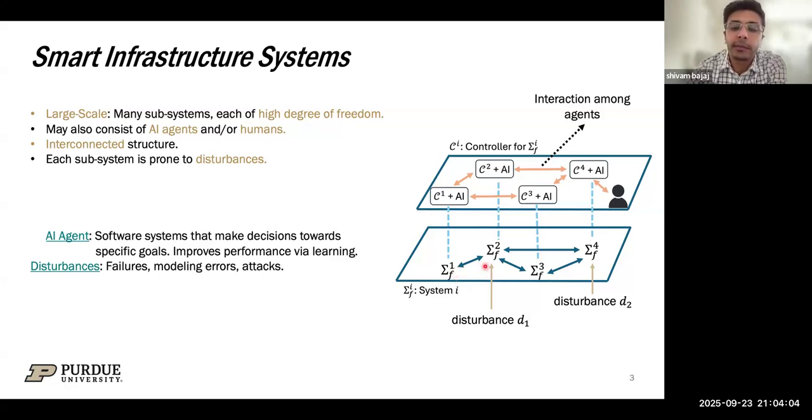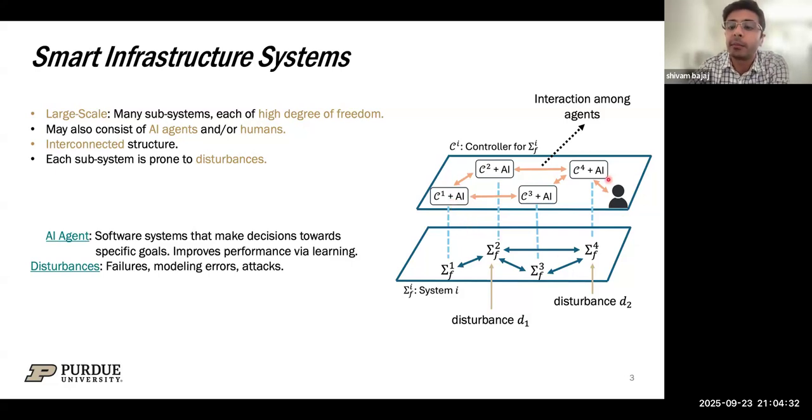These subsystems have low-level controllers that are responsible for low-level controls. They might also have AI agents that are responsible for high-level decision making. For this talk, by AI agent, I mean software systems that are responsible for decision making, and they may have some learning component incorporated in them to improve performance.